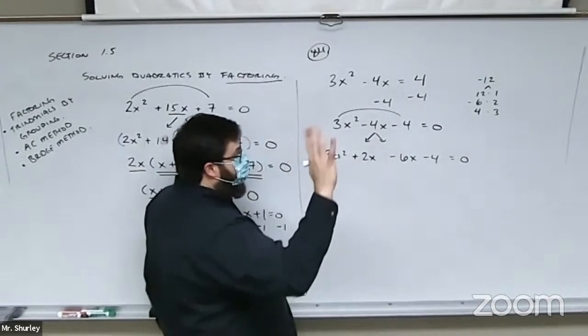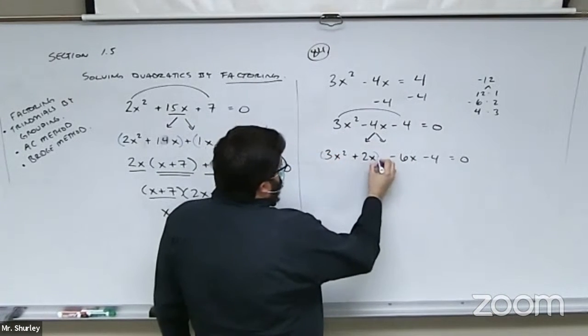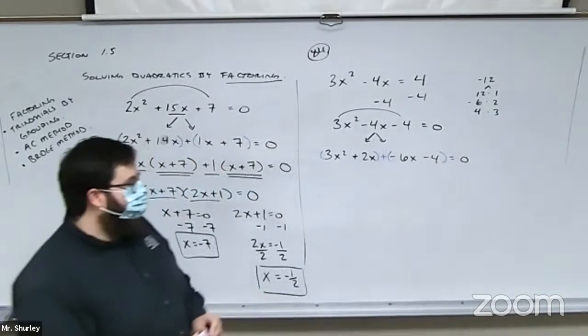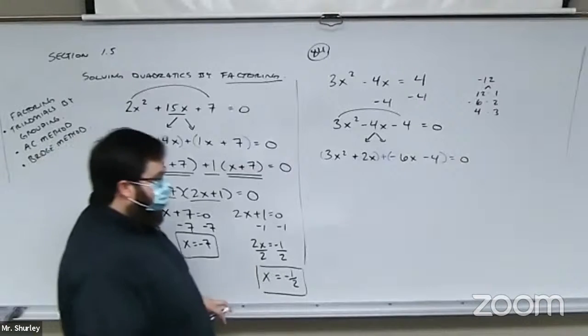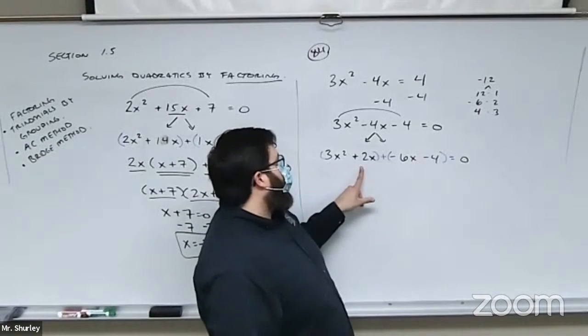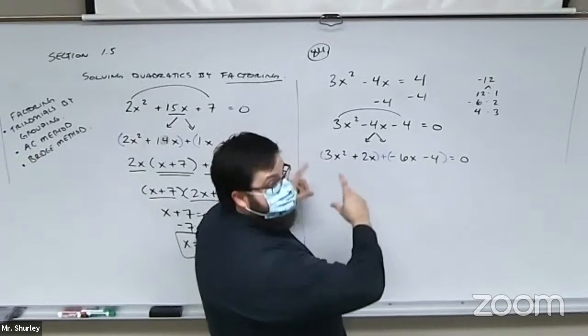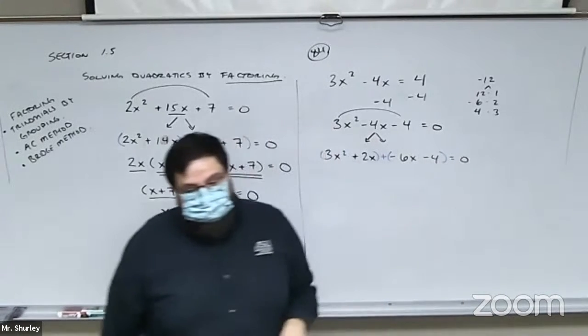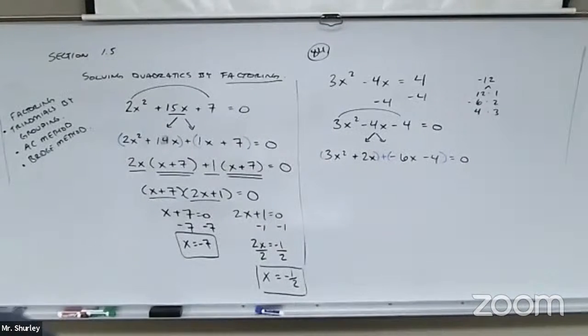And look, plus signs don't change anything. It's fine. So parentheses plus parentheses. Okay? So if you have to rewrite that, that's fine. But look, 3x squared plus 2x, put that in parentheses, the first two, plus minus 6x minus 4, put that in the other set of parentheses, if you want to do this type.